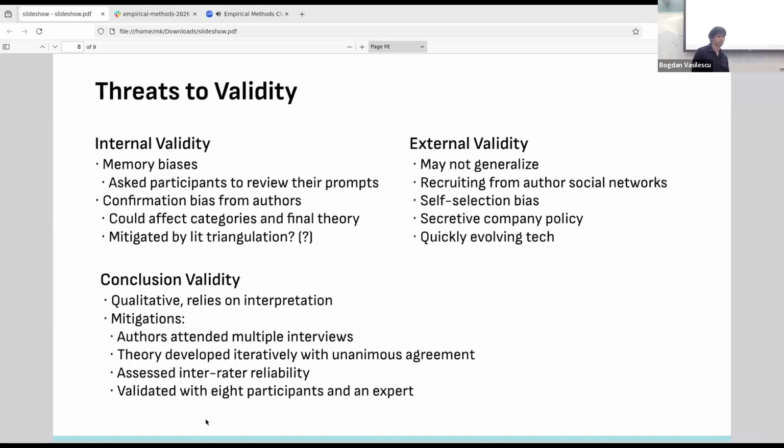Recruiting from author social networks, so shouldn't that go to the internal validity part? External validity is more about generalizability of results, right? So it does not compromise the process. Sampling from your social network does not compromise the soundness of your data collection or analysis necessarily.